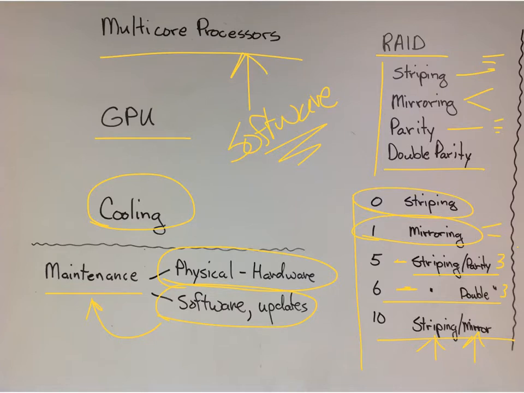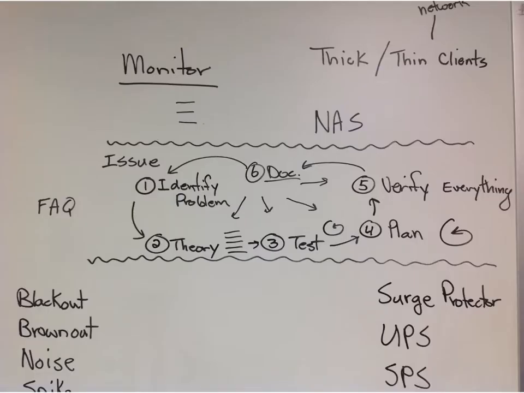Take even longer here. But here you could remove 2 drives and still retain your information. RAID creates redundancy so you don't lose anything, but it's not backup. Backup, you would have to take the information off to another site. So it's not the same thing.